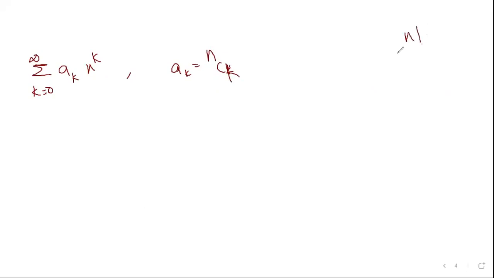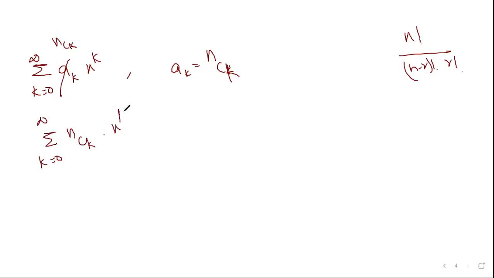What is nCr? n factorial by (n minus r) factorial into r factorial. So this is equal to nCk. So if instead of ak I want to write nCk, let me write it: k equal to 0 to infinity nCk into x power k.